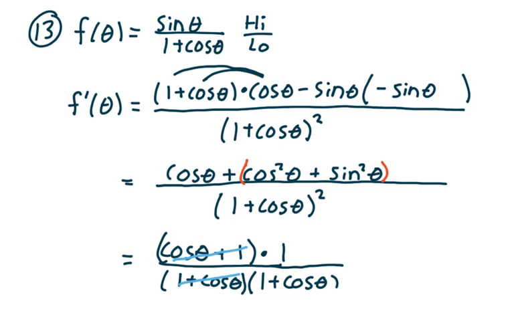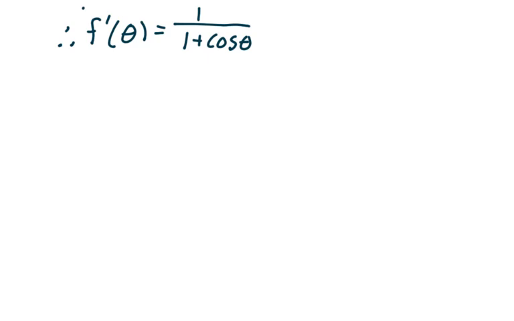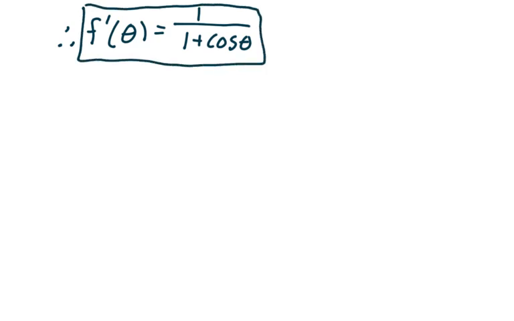And when it's all said and done, we can say f prime of theta is equal to 1 over 1 plus cosine theta. And I would want you to get down to here, ideally.